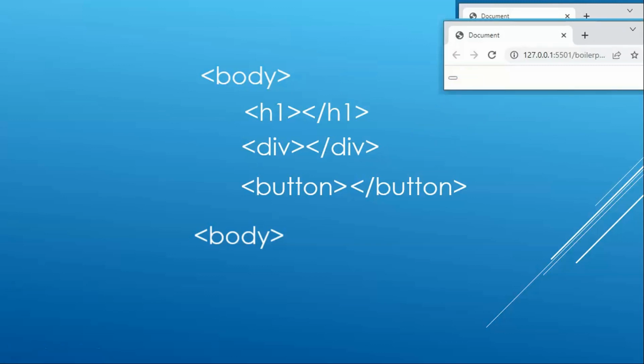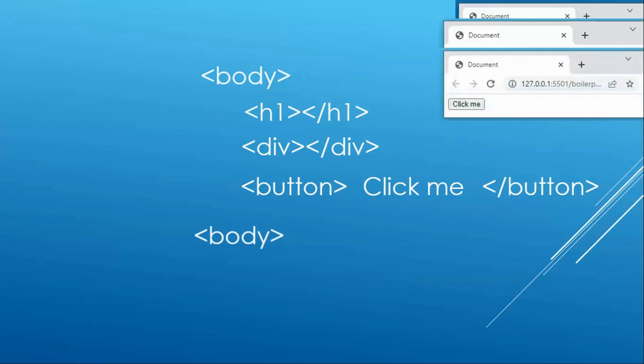Let's put something like click me in the button. Now we've added our text to the button. Let's run our code and see what happens. You see, the button is looking more beautiful, showing the click me, and when you see this kind of thing on a website, you know, okay, yes, this is a button. You can easily identify this as a button compared to how it was looking the other time.